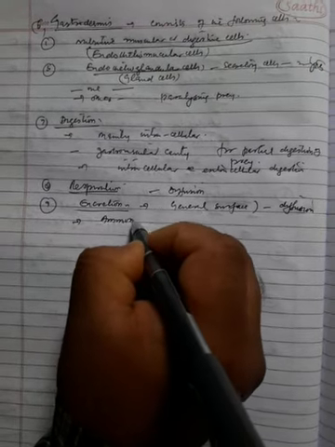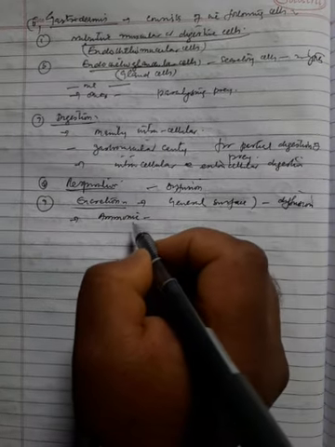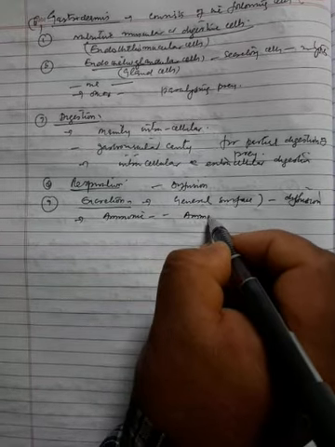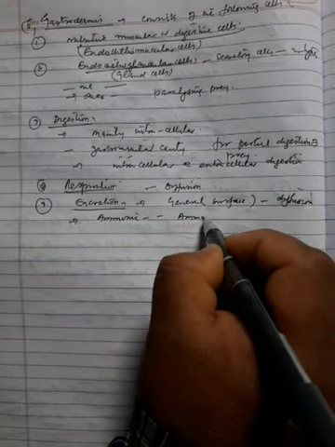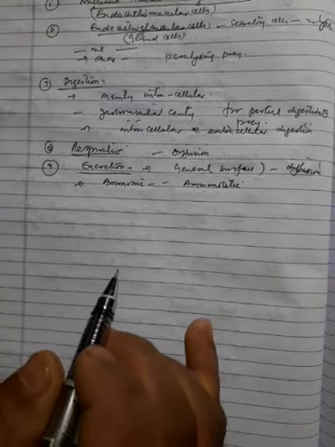Ammonia is the chief excretory product. That means cnidarians are ammonotelic. This is about the excretion.